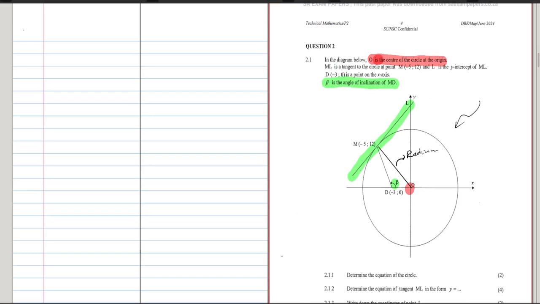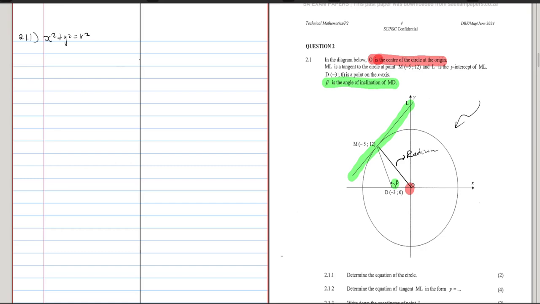Now, they want us to determine the equation of the circle for 2.1.1. So since this is a circle with the center at the origin, we're going to be using this equation: x squared plus y squared equals r squared. So what we have to do is actually find r, the radius of the circle.